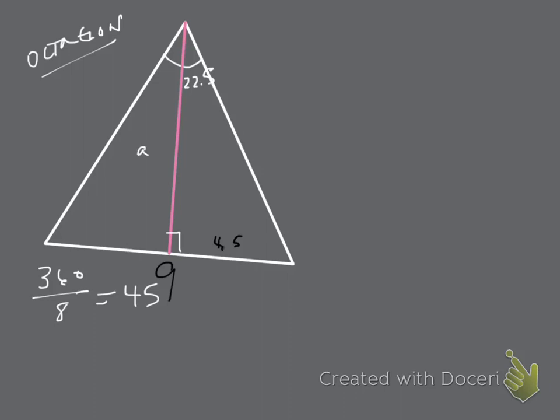Now, let us go ahead and figure out what the apothem is. So I'll make that A for the apothem. How do I find the apothem? Again, just like last time, I'm going to do tangent of 22.5 is equal to opposite, which is 4.5, divided by the apothem. Just to shortcut it, switching the places, A is equal to 4.5 divided by tangent of 22.5.